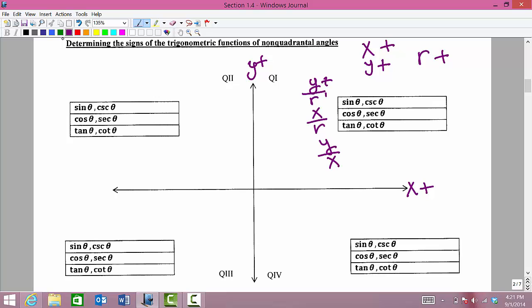Since all of these would be positive values, a positive divided by a positive is also a positive. And since reciprocals all have the same sign, sine and cosecant would be positive. Cosine and its reciprocal secant will be positive. Tangent and its reciprocal cotangent would be positive. So all trig functions in quadrant 1 would be positive for any angle whose terminal side lies in quadrant 1.